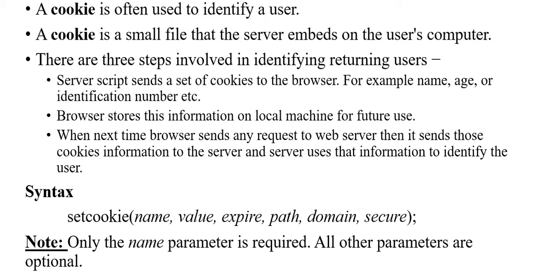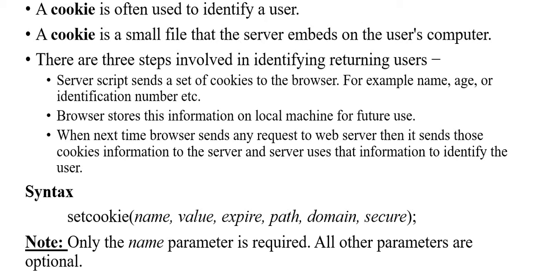With PHP, you can both create and retrieve cookie values. Cookies are text files stored on the client computer and they are kept for tracking purposes. PHP transparently supports HTTP cookies.